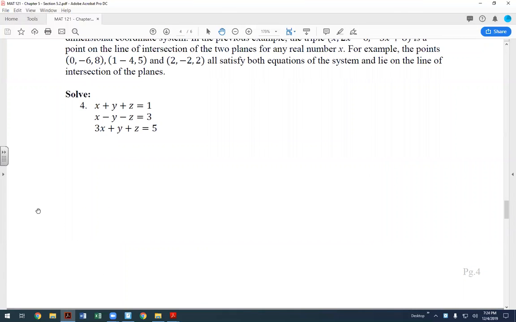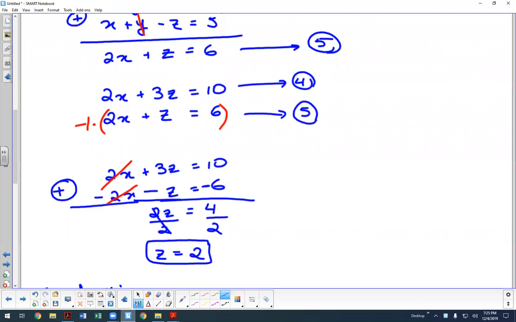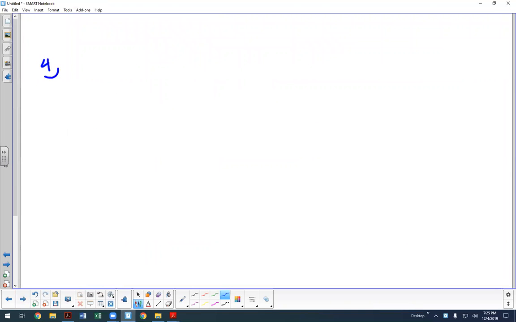Again, obviously our steps are going to be very, very similar to what we just did in example 1. So in example 4, we can actually eliminate y or z from the way it's given to us.